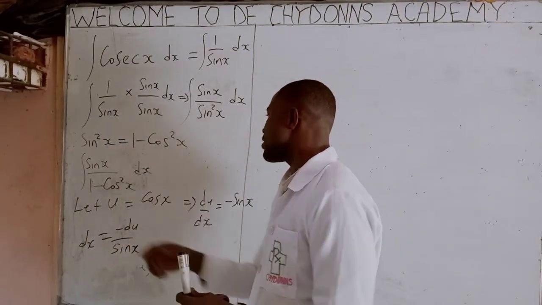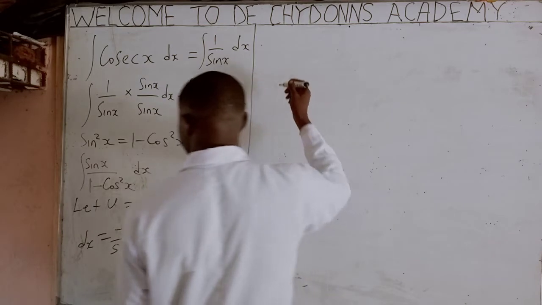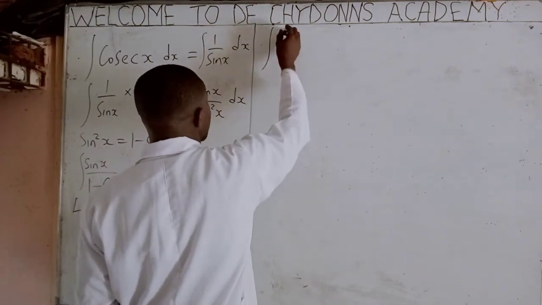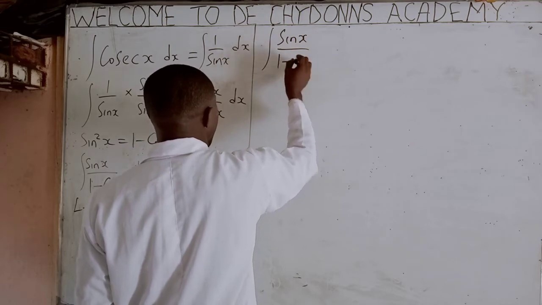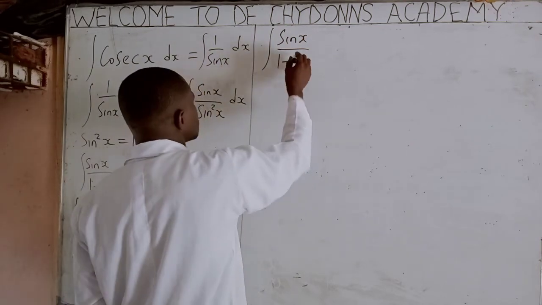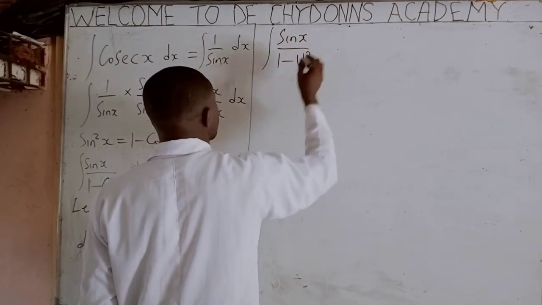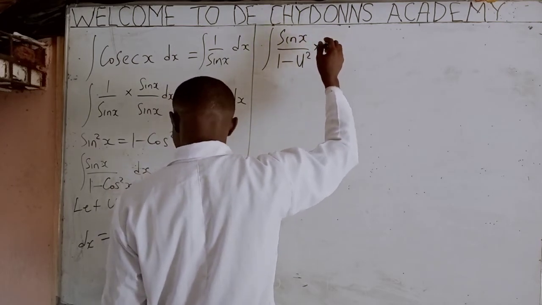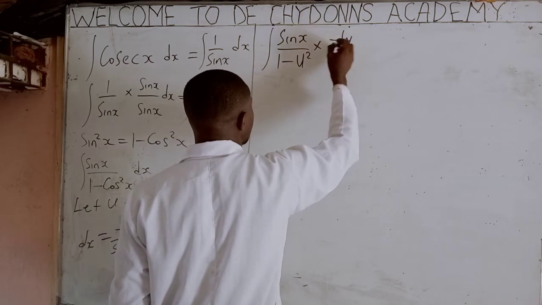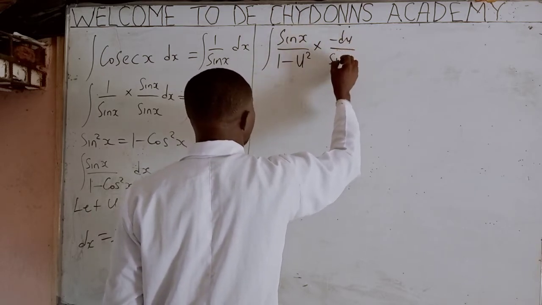Then use it and trace. What you have at the end is the integral of sin x all over 1 minus cos squared x, which is u squared. Then what is my dx? dx is minus du all over sin x.